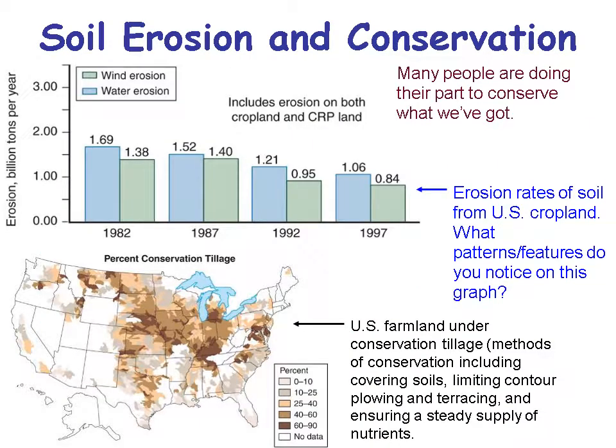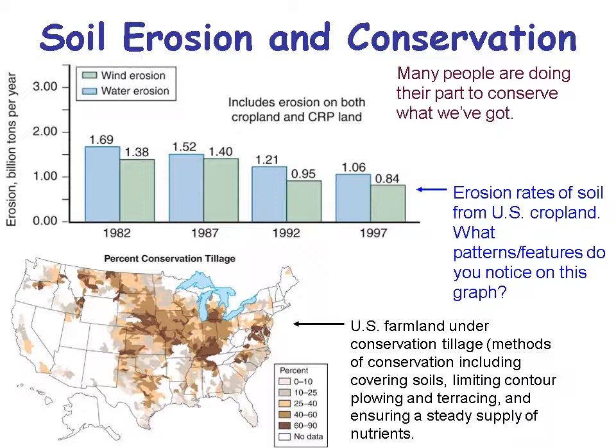Here's a little graph. It shows on the left, on the vertical scale, the erosion in billions of tons per year, and then different years by wind erosion or water erosion. And this would be in the United States, and so it's erosion rates of soil on U.S. cropland.